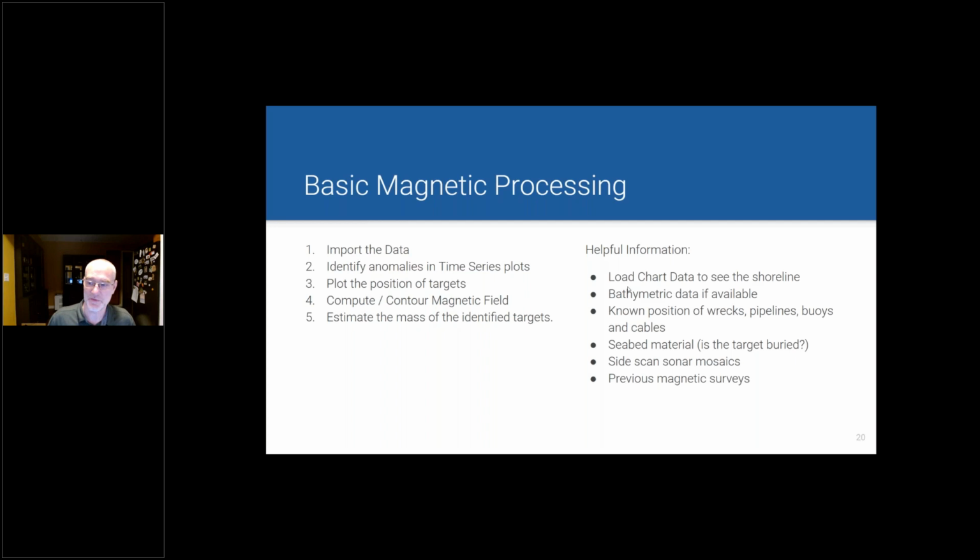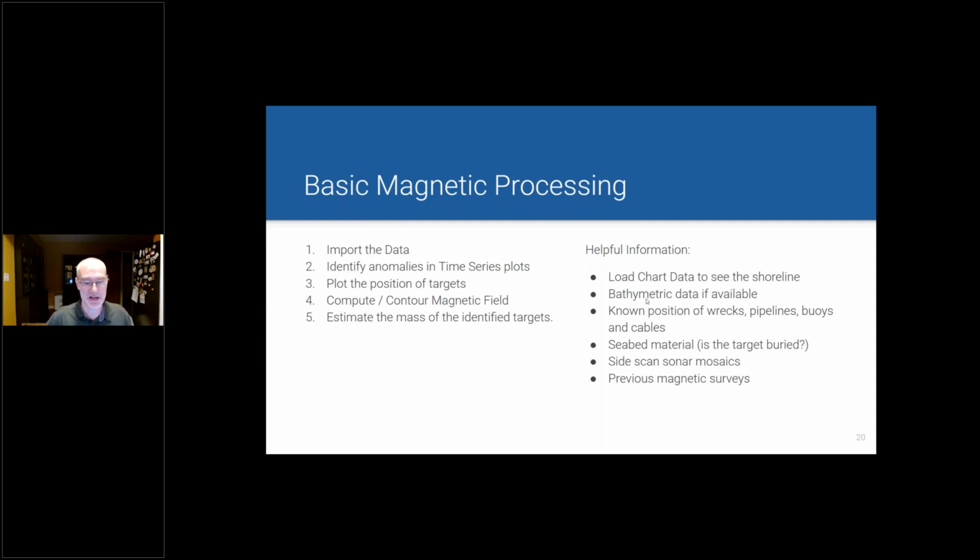It's really helpful if you have auxiliary information in the project also, in addition to just your magnetometer data. At a minimum, you should have nautical charts. That way you can tell where pipeline crossings are, where cable crossings are, and buoys and that sort of thing. Bathymetric data is super useful.